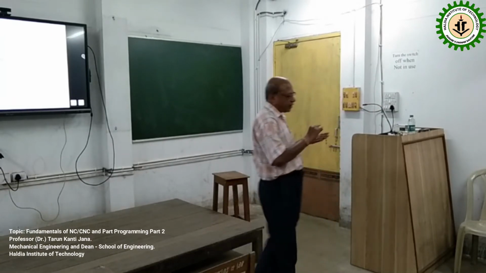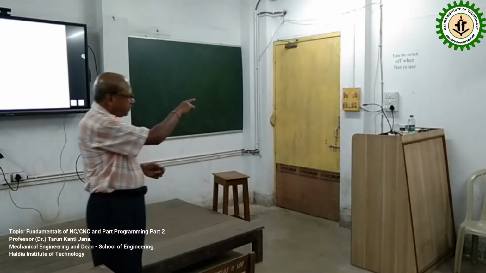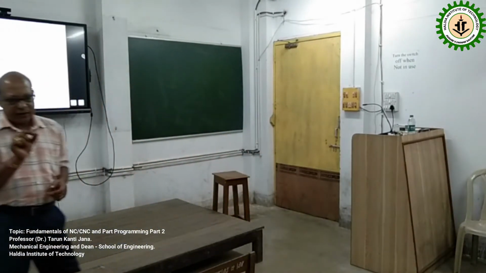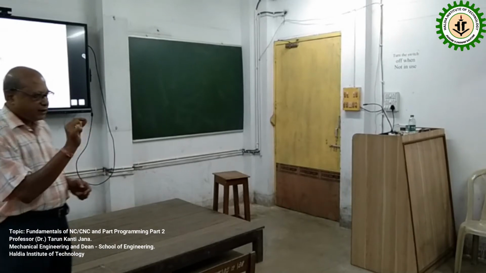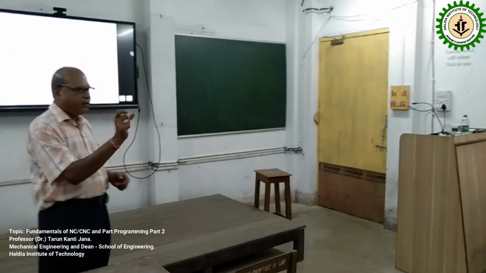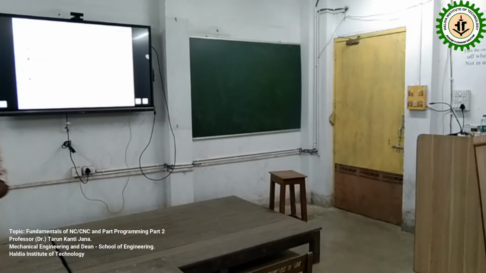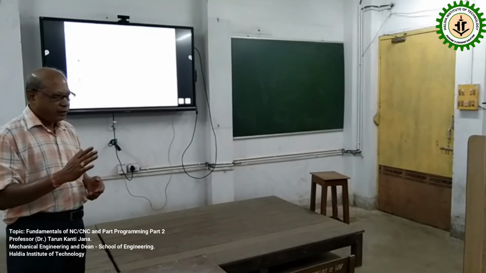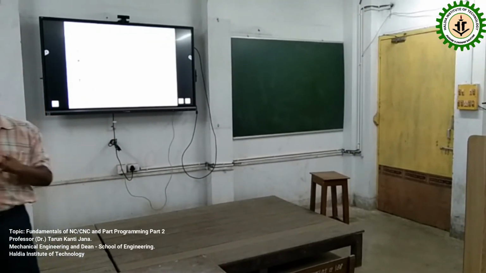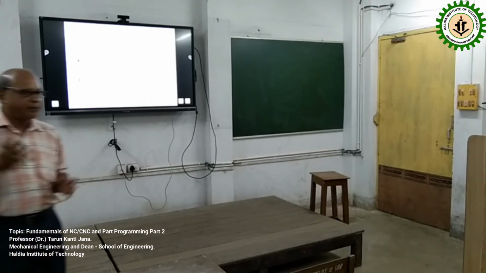So in that case, instead of specifying the exact value, in one job a particular distance required is 10 millimeter. If it is 3 times magnified, the same distance should be 30. So instead of specifying 10, 30, 20, I introduce one relational approach. The distance between two holes is 3 times of this, 3C or something like that.